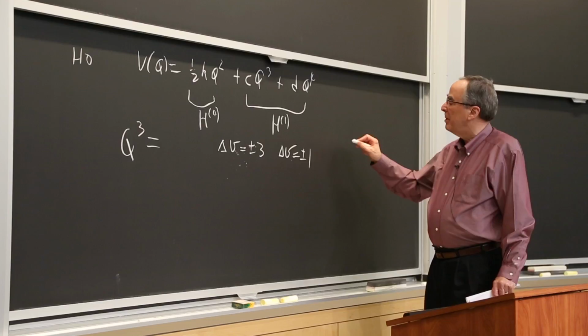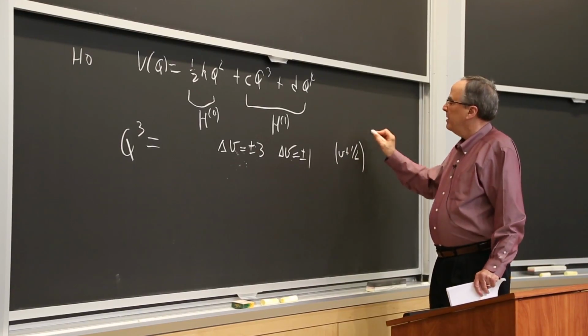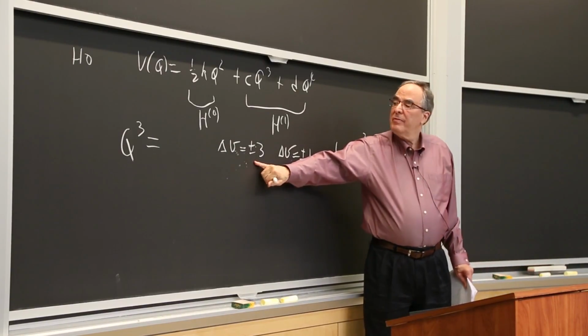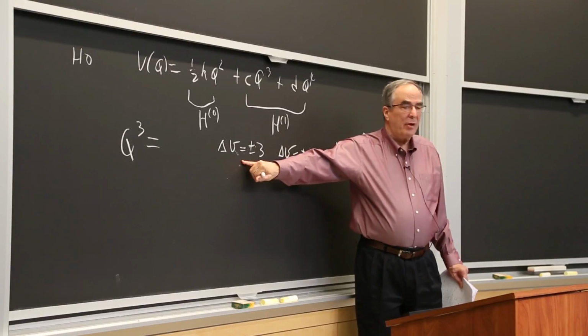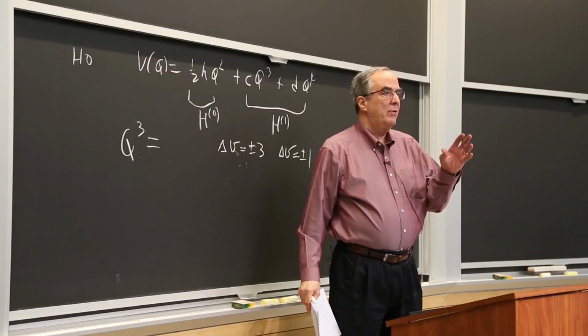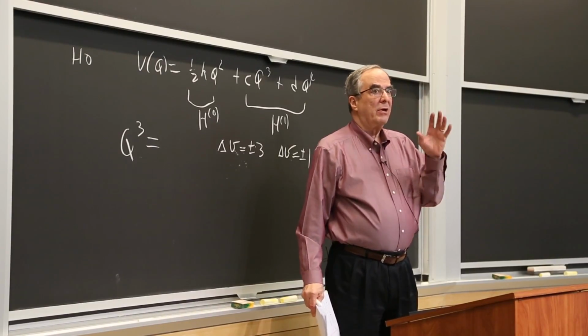What's the highest order term? It's v plus a half to the third power, because we have a delta v of 3. We have q cubed, and the matrix elements of q cubed are a plus a dagger cubed.